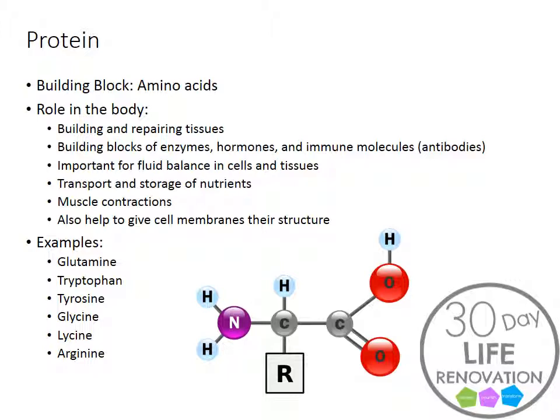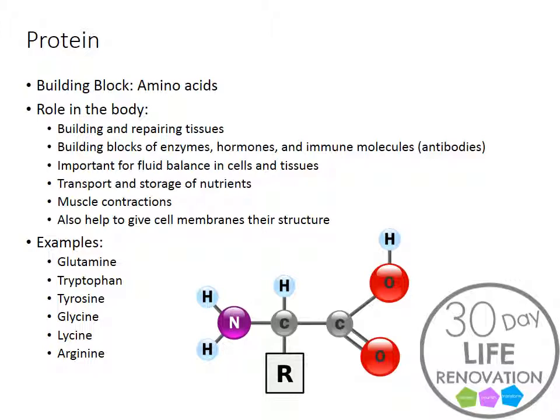They help transport and store nutrients throughout the body. They are primarily responsible for all muscle contractions. So without protein, we cannot breathe, we cannot have a functioning heart, we can't move. And they also help to give cell membranes their structure.